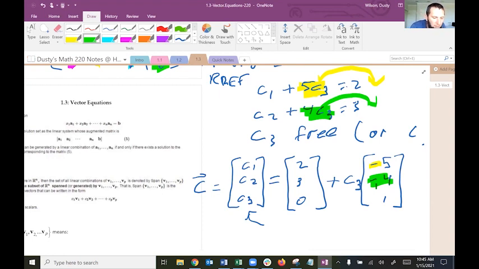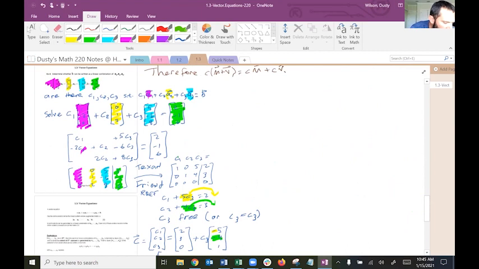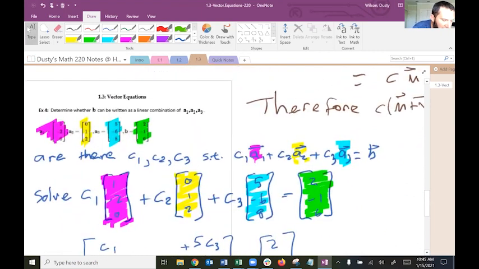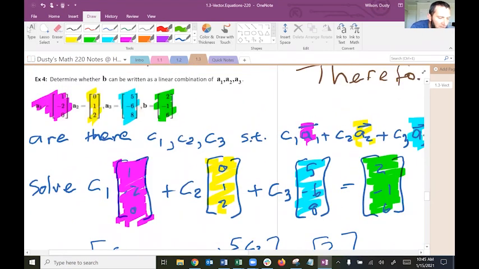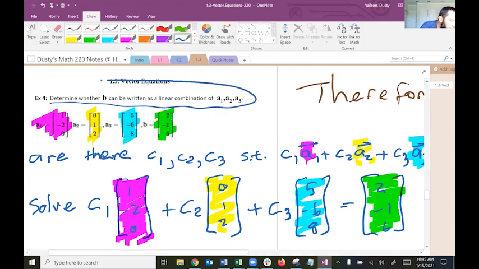All right, let's go back because I'm not sure you know what we've actually just done. If you go all the way to the top, the question was determine whether B can be written as a linear combination of A1, A2, and A3. The answer to our question is yes. Yes, it can.